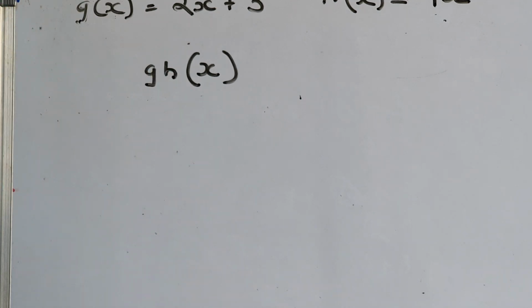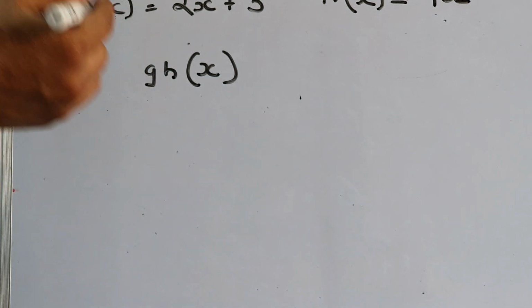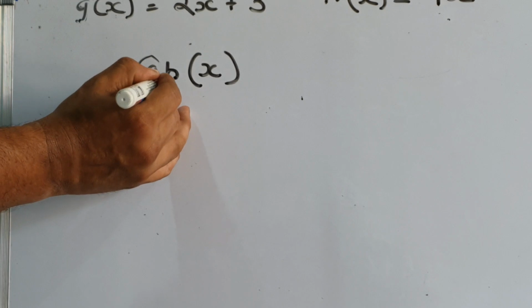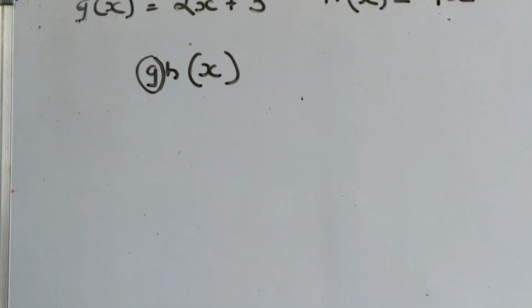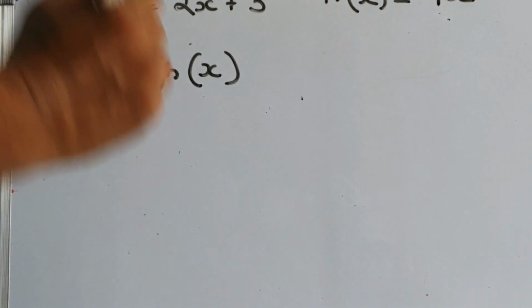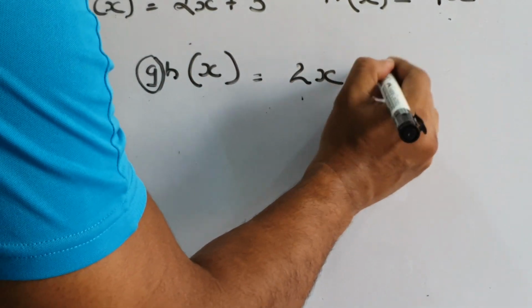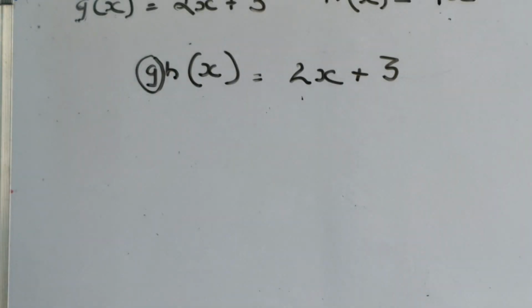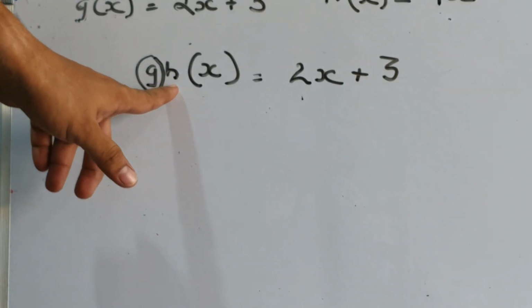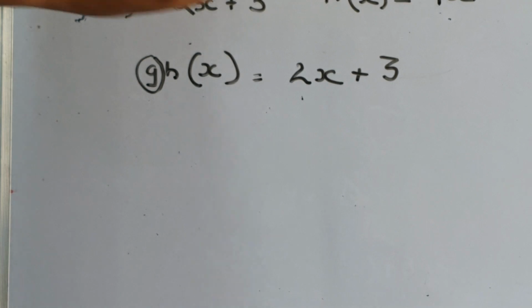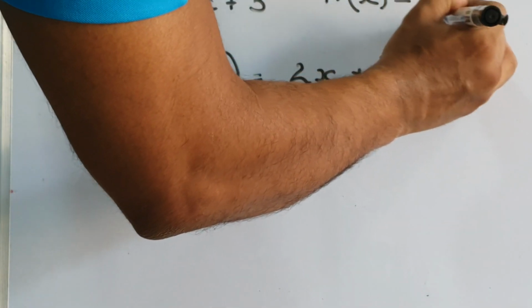Here it is very important to first circle which alphabet is given first. g is given first. So always write g first. What is g? 2x plus 3. And next alphabet is h. Now what is the value of h? 4x. Look here now.